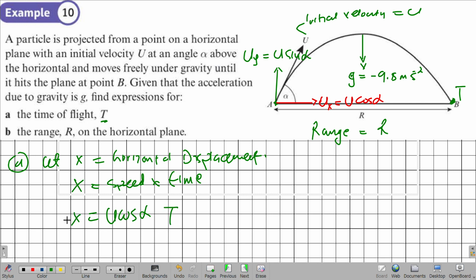So x is equal to u cos alpha t, which further implies that t is equal to x over u cos alpha.